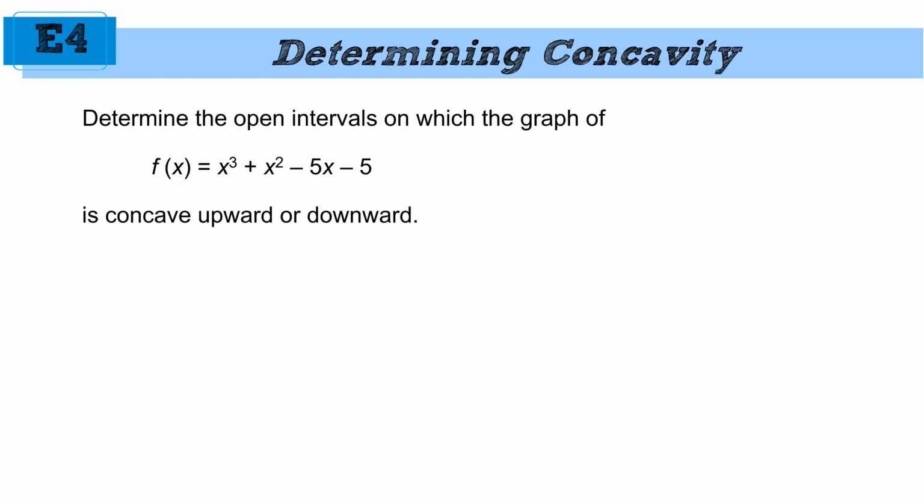Okay, so we're going back to the same cubic we had before. What I would like you to do is take the derivative, skip all of the increasing, decreasing, max and min garbage, take the second derivative, and figure out where that graph is concave up and concave down. In other words, where is the second derivative positive and negative?